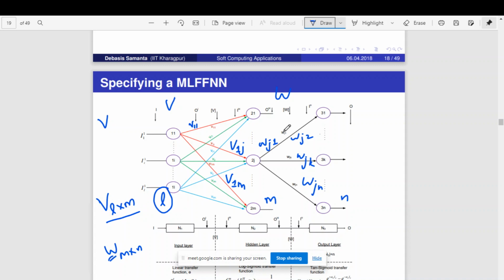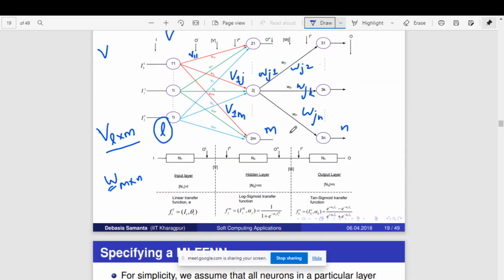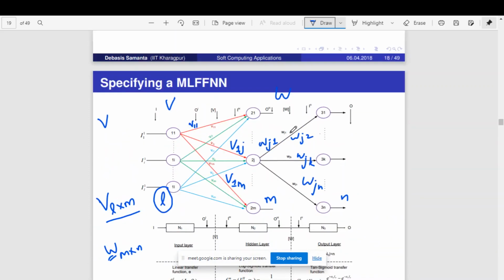And what does W represent? What is W? Everything is weight.